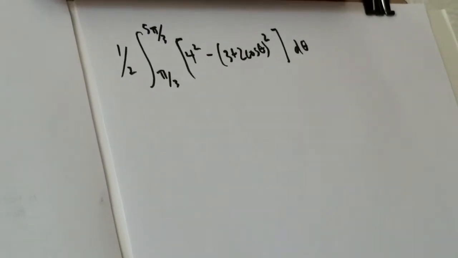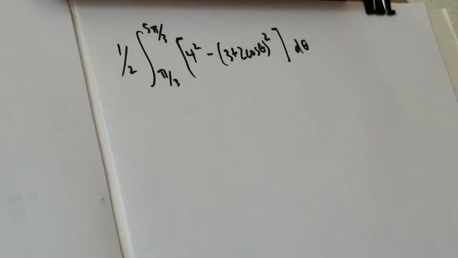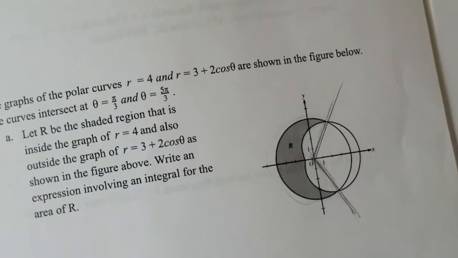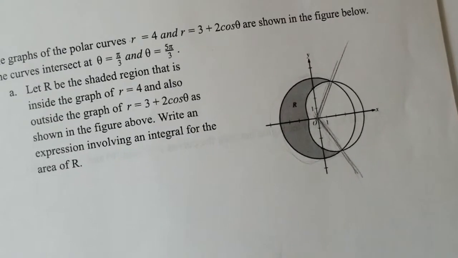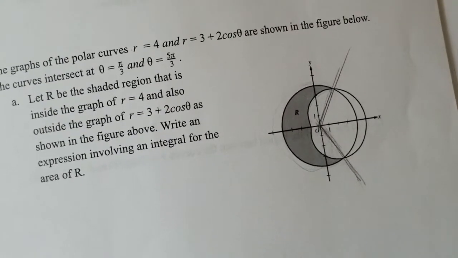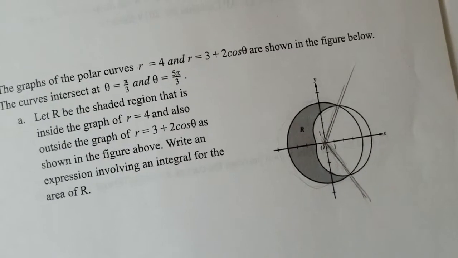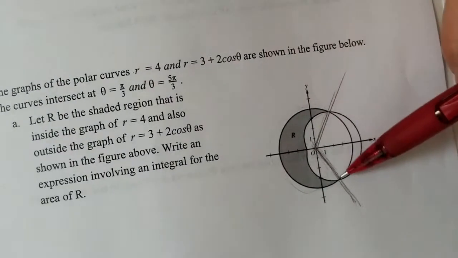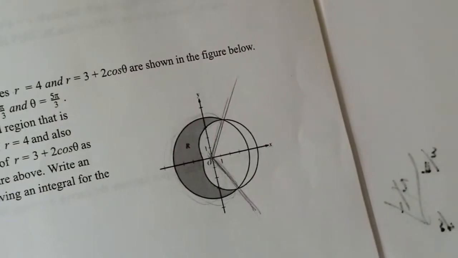But another way you can do this is to realize that r equals 4 is just a circle with a radius of 4. So going back to the graph, we can see that the angles pi thirds and 5 pi thirds split up the circle into a 2/3 section and a 1/3 section. So the area of this 2/3 section, we can just calculate using the normal formula for the area of a circle.